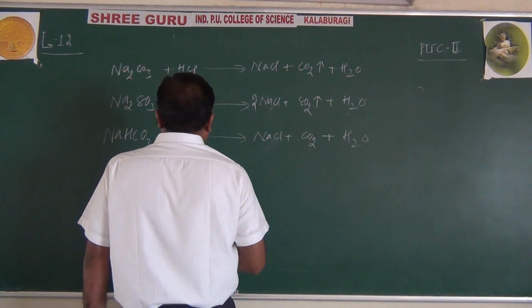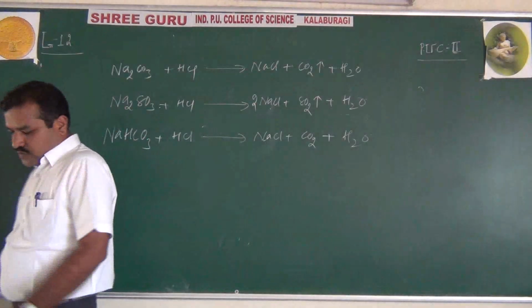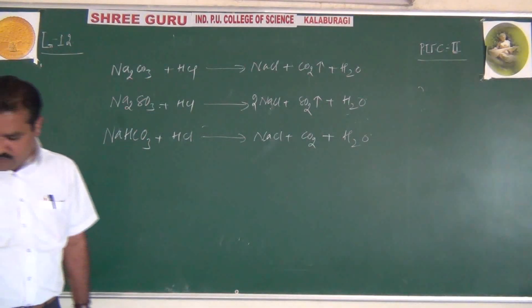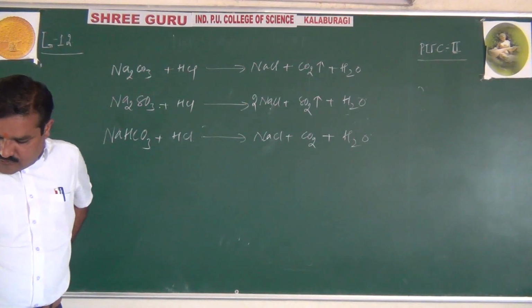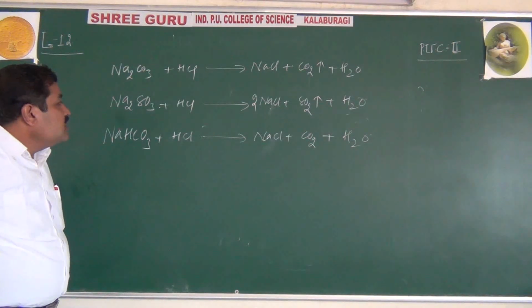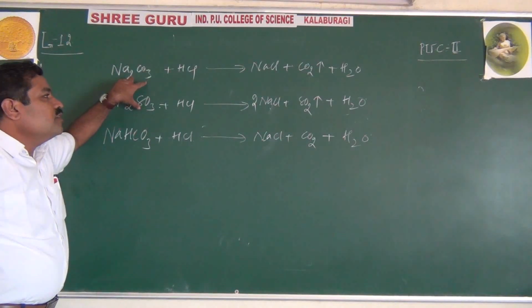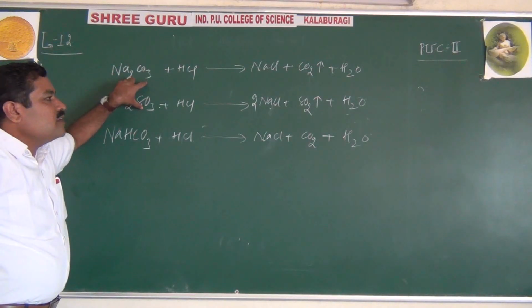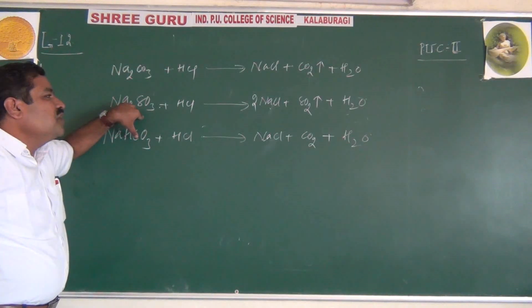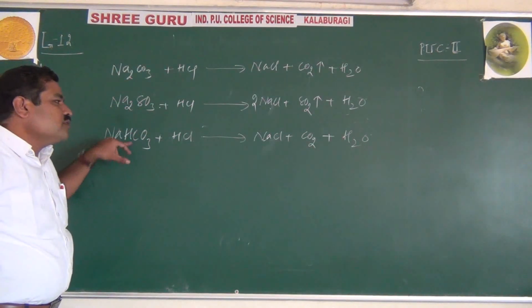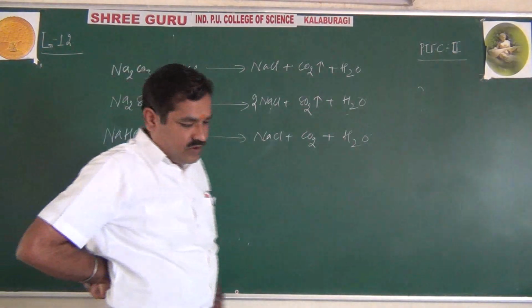Okay, so like this it will decompose the following compounds, right? So that's about the decomposition reactions of HCl. It decomposes sodium carbonate to sodium chloride, liberating with effervescence carbon dioxide and water. Sodium sulfite to sodium chloride, sulfur dioxide and water. Sodium bicarbonate to sodium chloride, carbon dioxide and water.